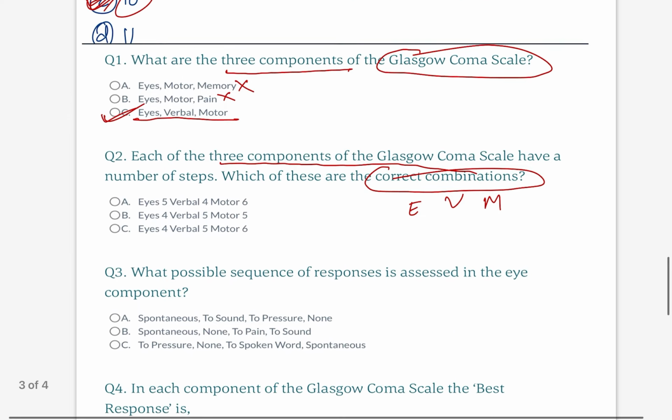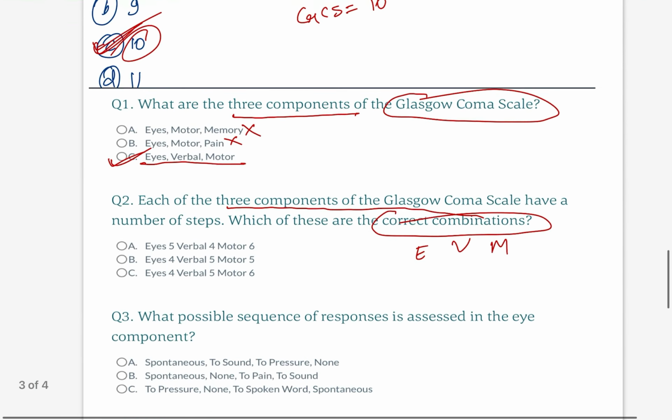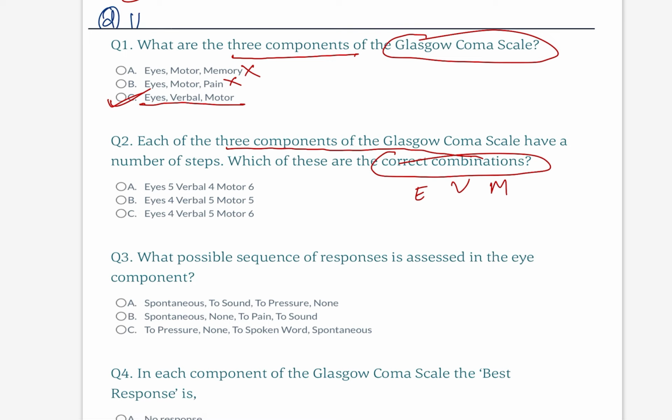In eye, how many conditions are there? There are four conditions, right? E4, V5, M6. It's so easy. 4, 5, 6. No need to learn, there is no logic. So 4, 5, 4, 6 is wrong. 4, 5, 5 is also wrong. And 4, 5, 6 is correct.